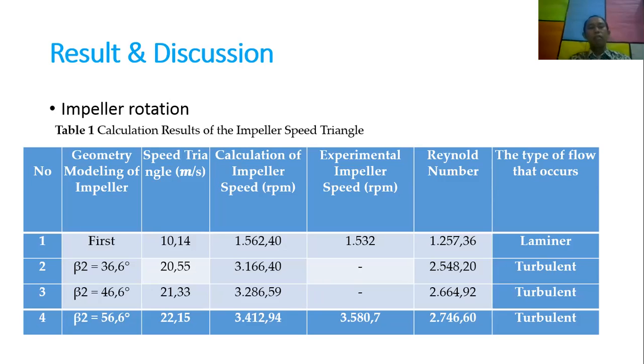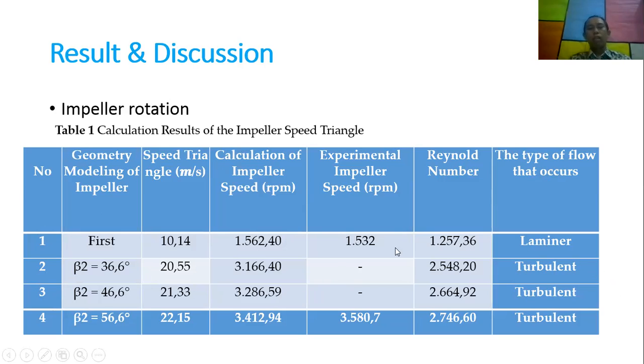We have the calculation result of the impeller speed triangle, that is number 1, number 2, and number 3. The first type of flow that occurs is laminar, and number 2, 3, and 4 are turbulent.